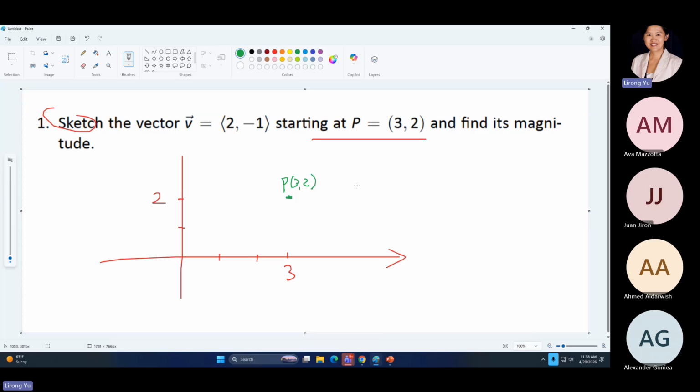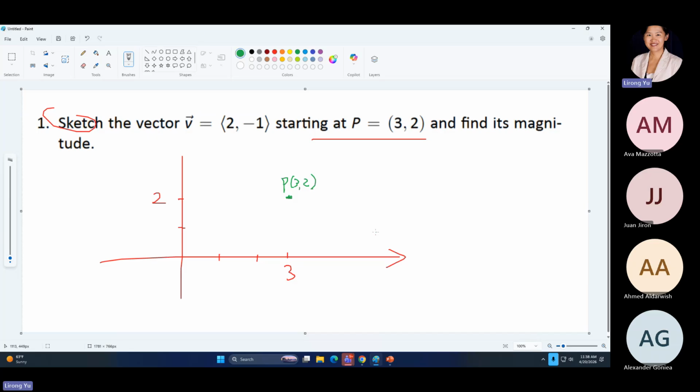All right, we're going to start from here and then really try to do the vector V. Now the V says 2, -1. That's the vector. The 2 means that we will go 2 units to the right, right? So we're going to move 2 units to the right, and then -1 is indicating a vertical movement of 1 unit down.